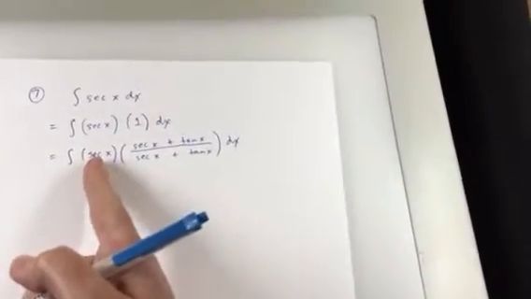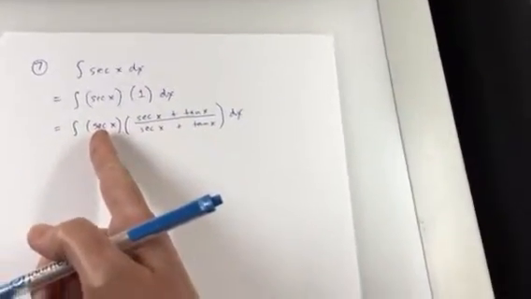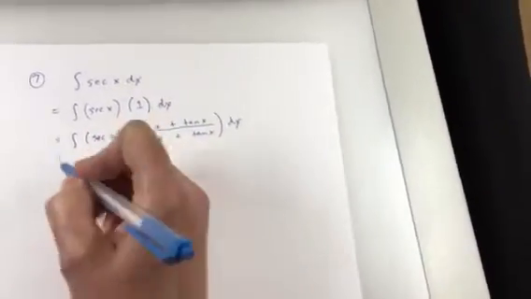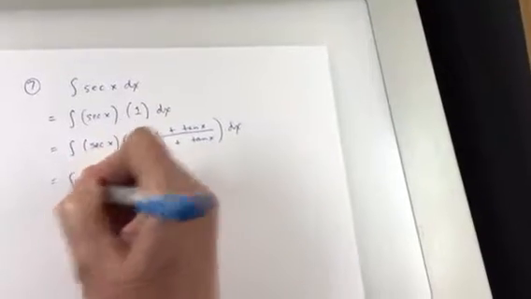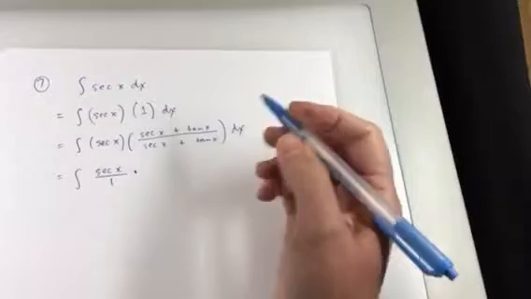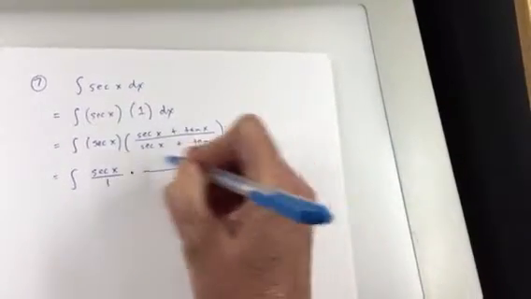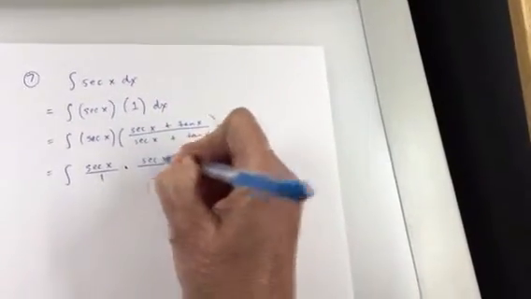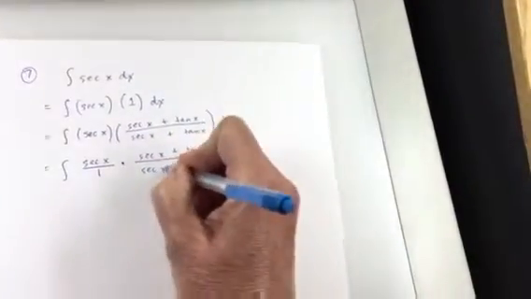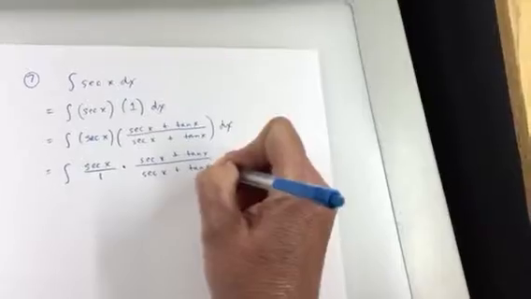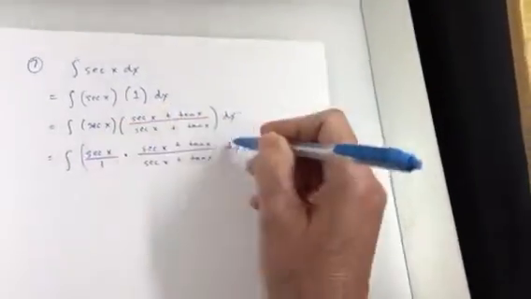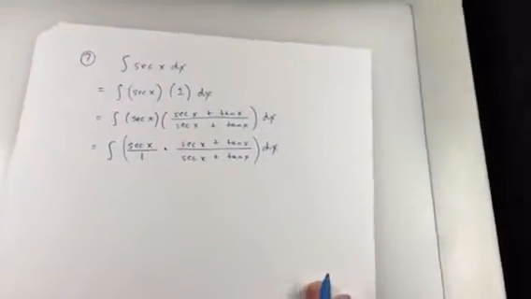Now this secant x, that's really secant x over 1. So I guess I'll write it that way. Secant x over 1 times secant x plus tangent x over secant x plus tangent x dx. And I'm going to multiply these two fractions.